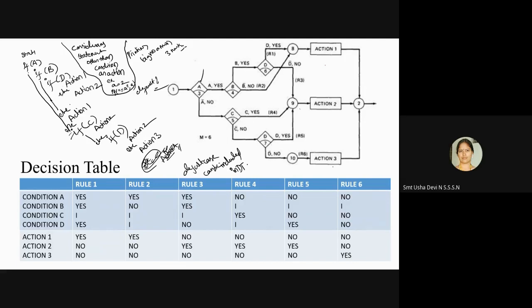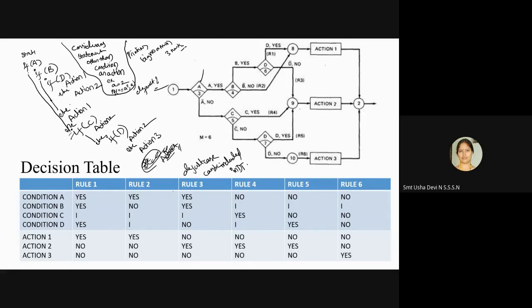So if there is a program like this, definitely we are going to have a flow graph like this. And for this flow graph, how do we write a decision table? It is very simple to understand. You observe the paths leading to the actions.